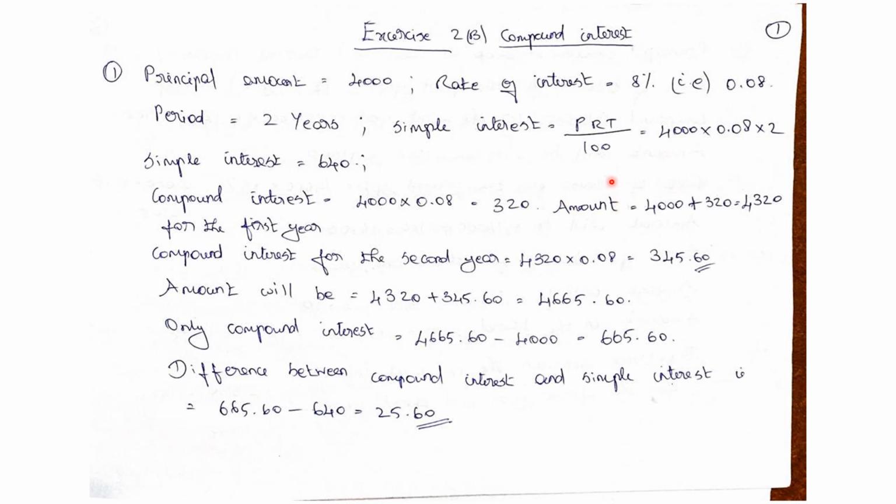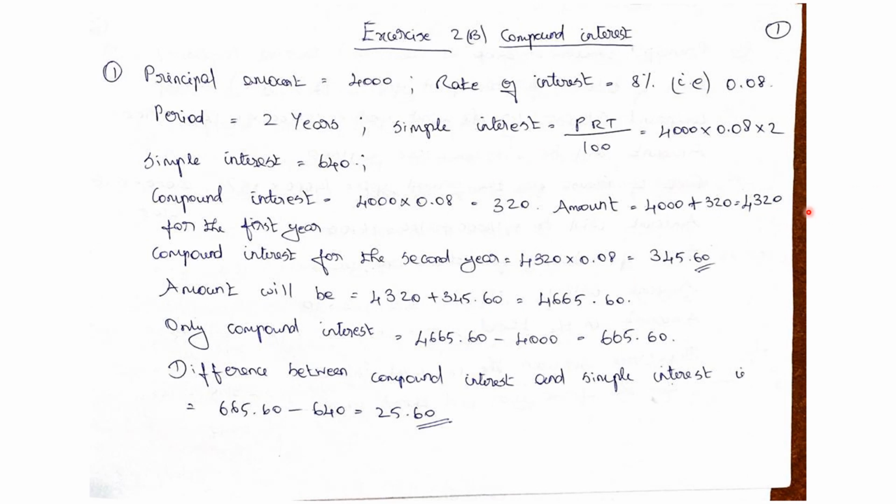Compounded annually or compounded half yearly means that interest will be calculated, and that interest will be added to the principal amount for the next year. The amount will be taken as the principal. Okay, here we got 320. So 4,000 plus 320, 4,320.